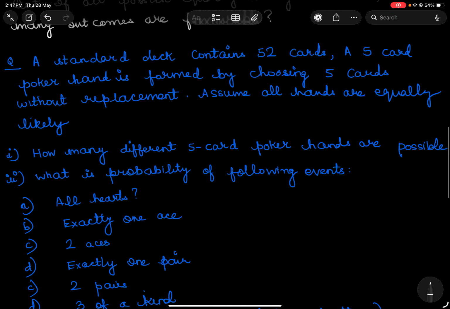Okay. Now from those 52 cards, I have to choose 5 cards. They're saying that all hands are equally likely, which it usually is. If it is not explicitly mentioned, if you have 52 cards and you're picking 5 from it, any card can come. There is no such thing that one card has more chance of coming than another card, right? But to be more precise here, I have mentioned that the hands are equally likely.